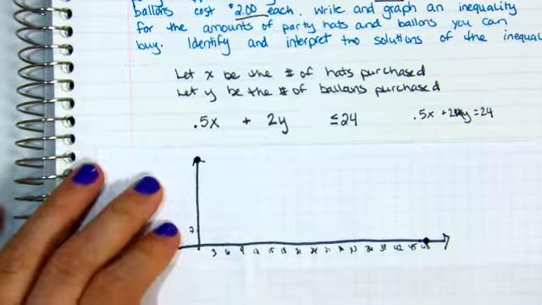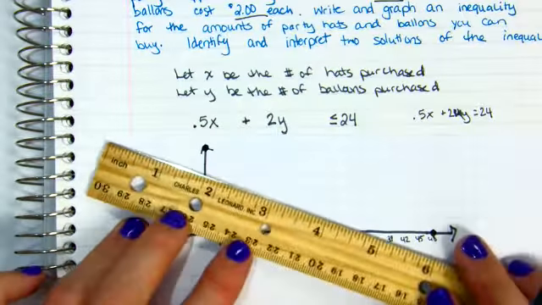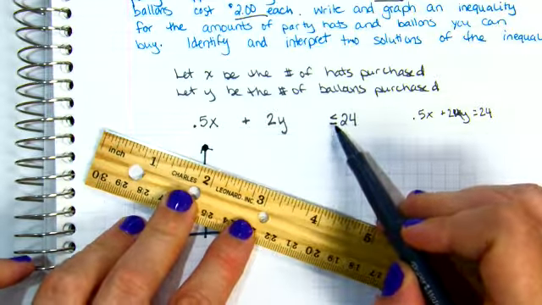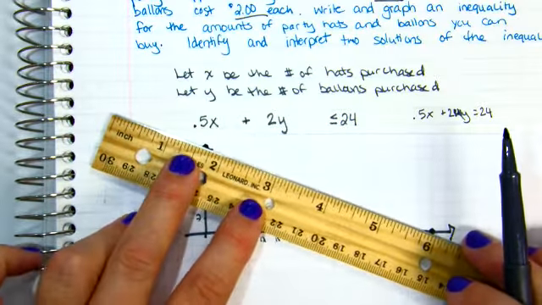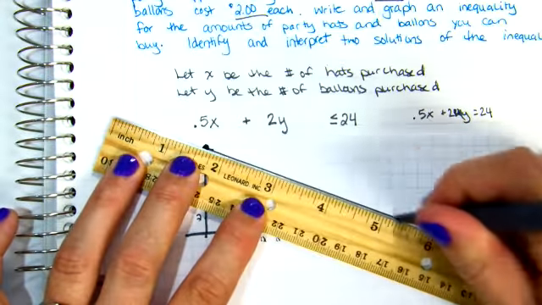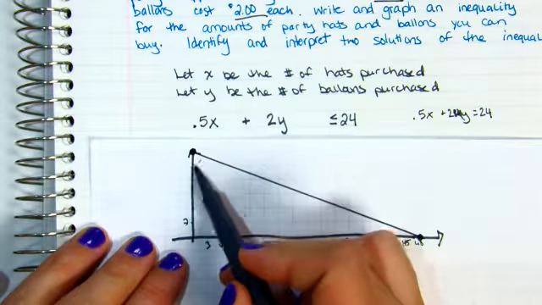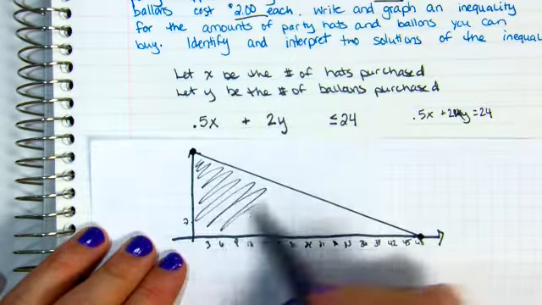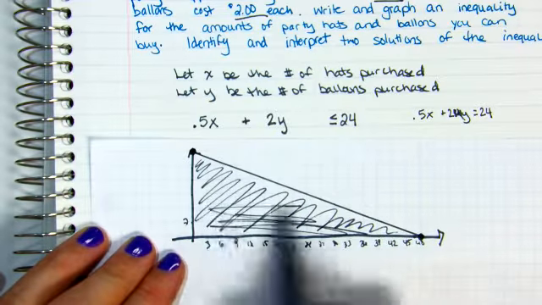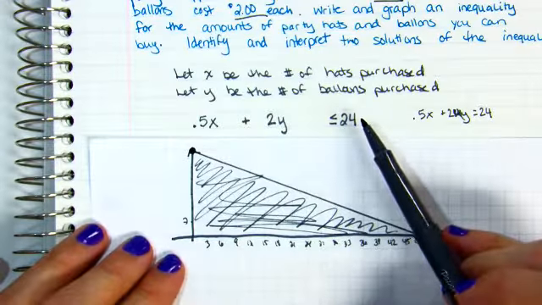So there would be my x-intercept. What I'm doing by connecting the intercepts is drawing a solid line because I can spend exactly $24. And this entire region right here is all of my possible combinations of balloons and hats, because I don't have to spend $24.